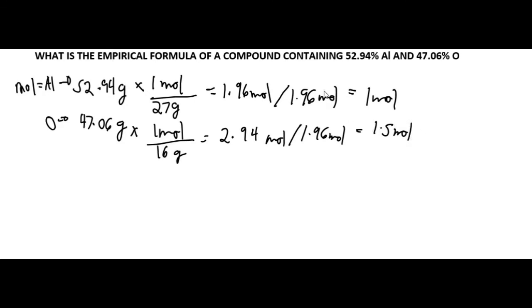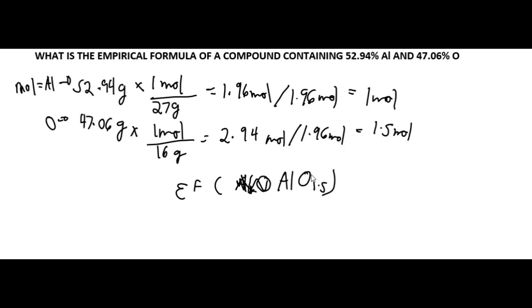Now, to get the empirical formula, since we have 1 aluminum and 1.5 oxygen, can this happen? Of course not. It should be a whole number. So what do we need to make this a whole number?